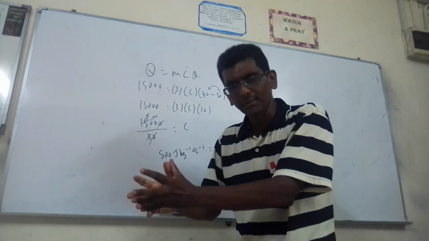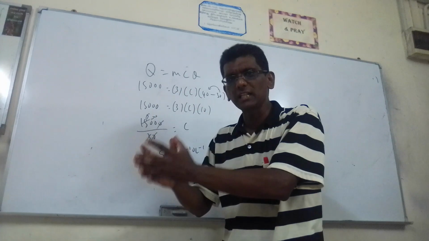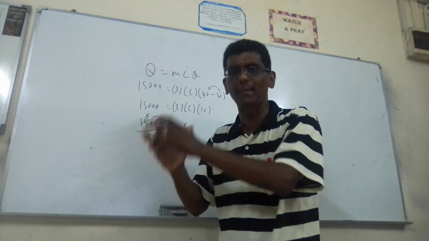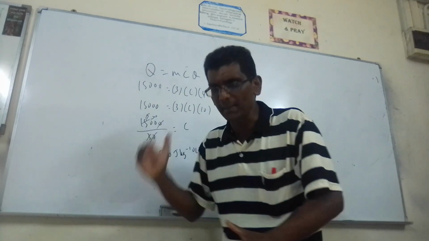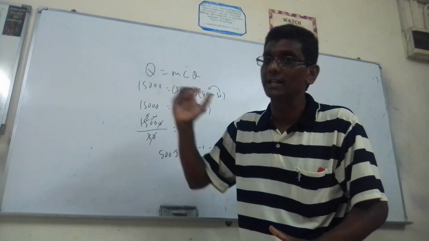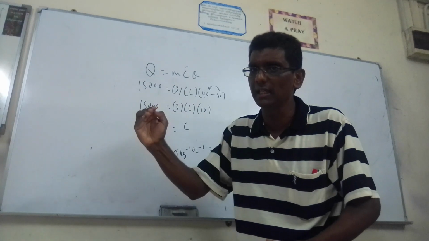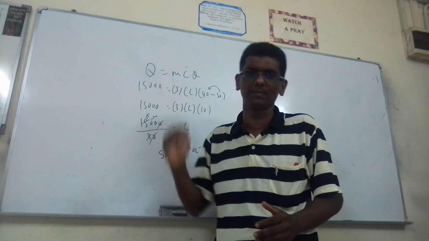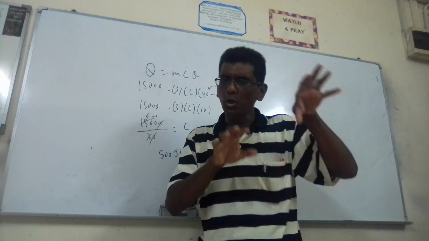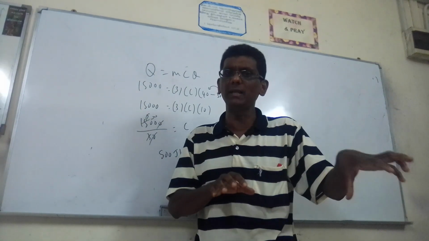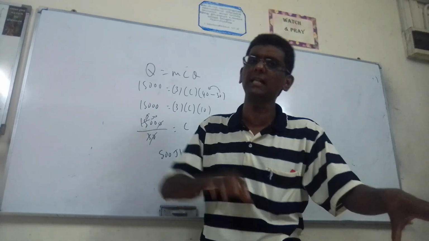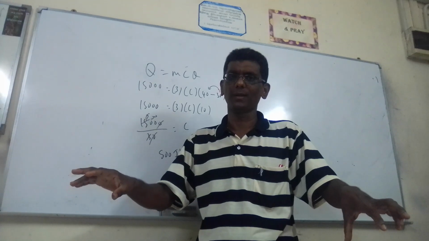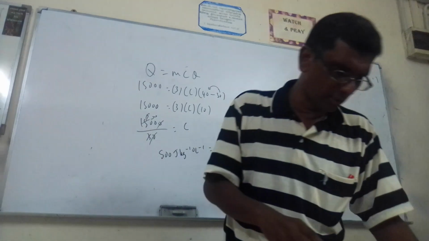A material with higher specific heat capacity, the temperature rises slowly, a small increase in temperature. So that means a lower heat capacity material is a better heat conductor than a higher heat capacity material. Okay.